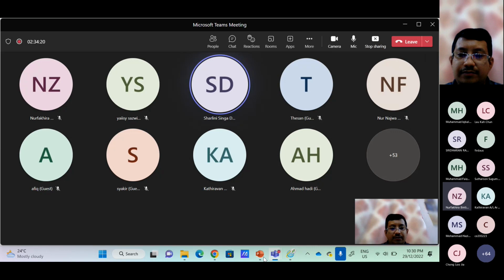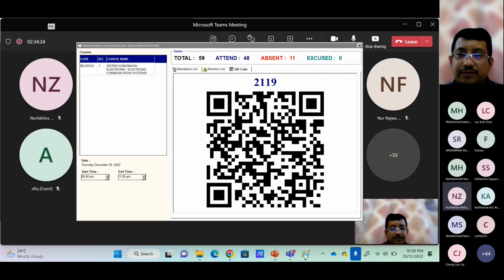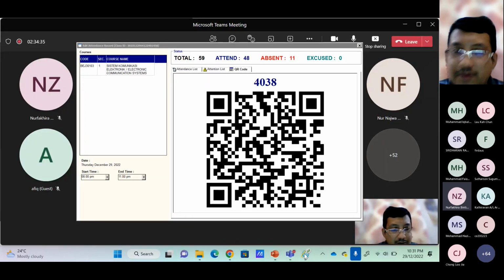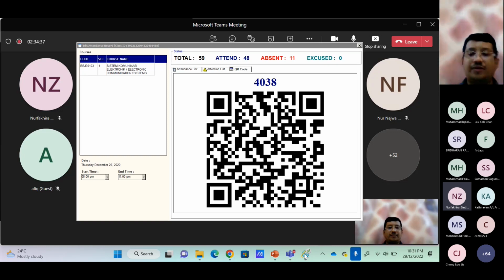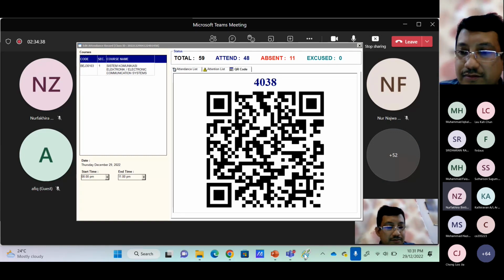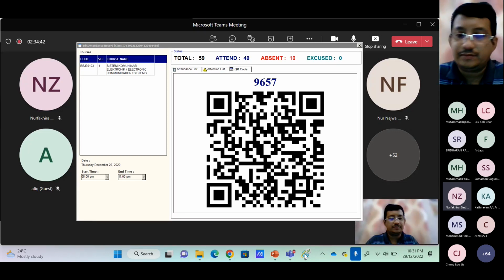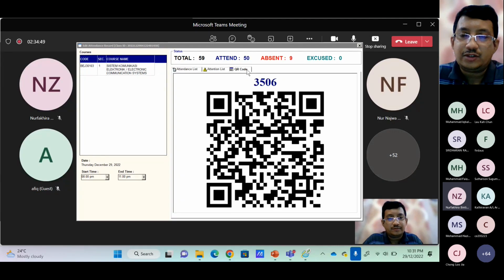Wait, you can see my screen, right? Yes, yes. Can you see my screen? Yes, yes. Okay, any more?